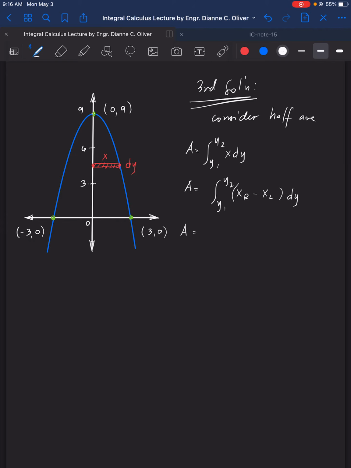Since we are considering half, let's put here 2 times the integral of, what is the x right? What equation are we going to use? If this curve here has the equation y is equal to 9 minus x squared, x is equal to 9 minus y raised to 1/2.